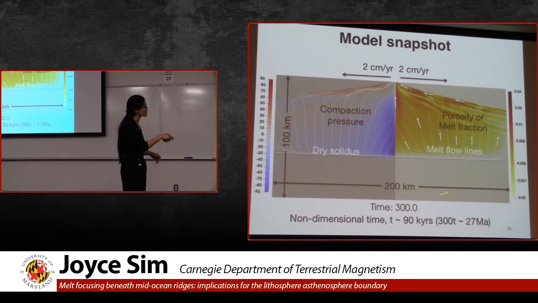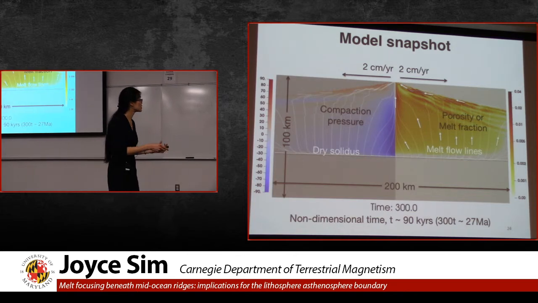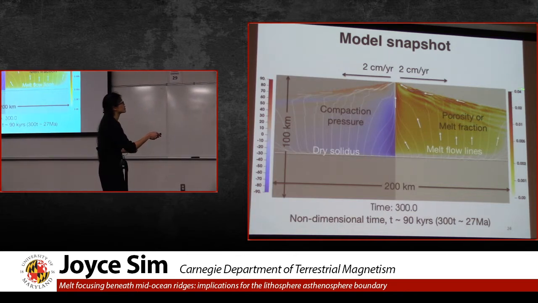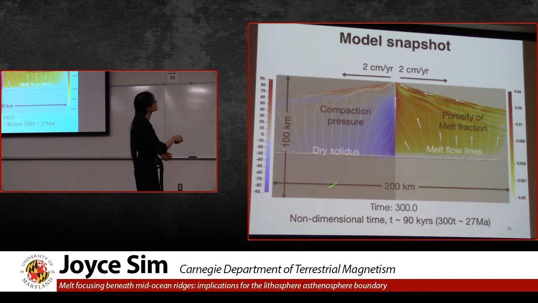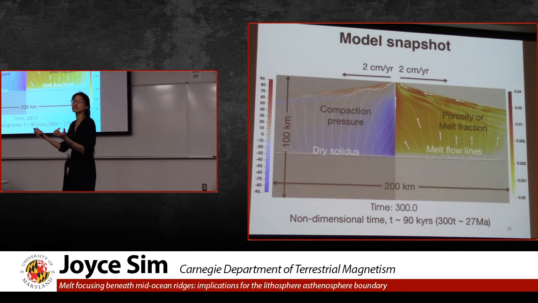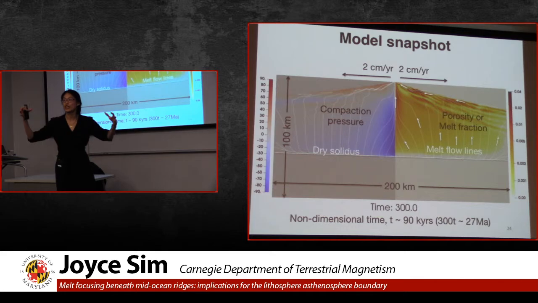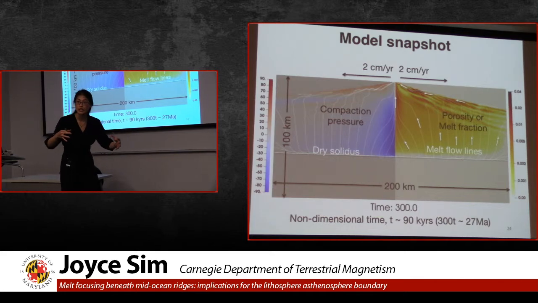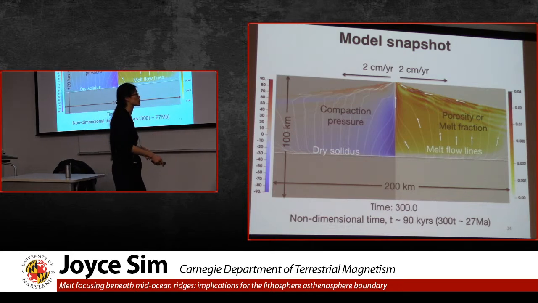On the right-hand side, you'll be seeing porosity or melt fraction, so 0.04 would be 4% volume fraction melt. On the left-hand side is compaction pressure. Remember, this is just the divergence of the solid velocity modulated by the bulk viscosity. So it's expansion and contraction of the solid matrix to either let melt through or for melting to occur.